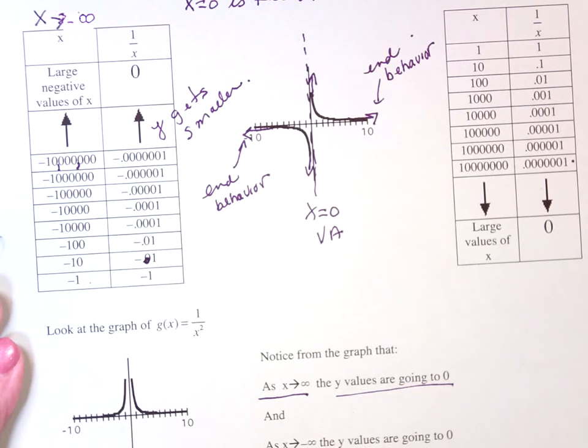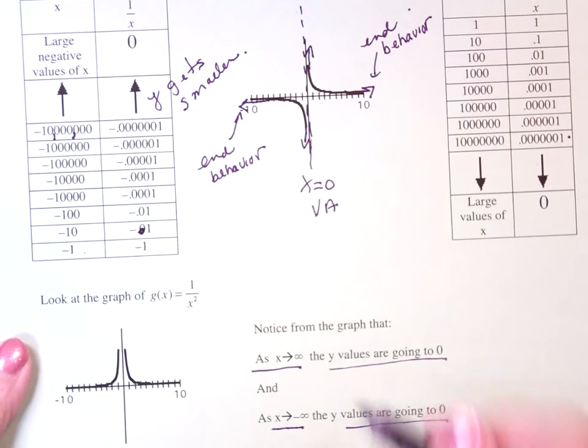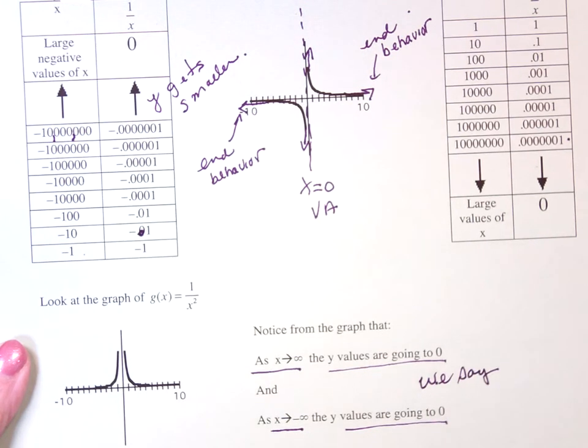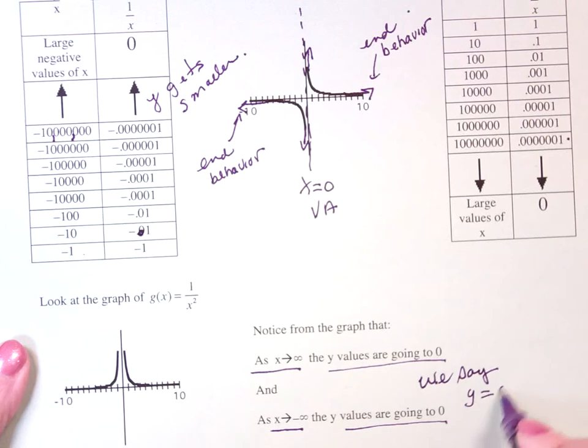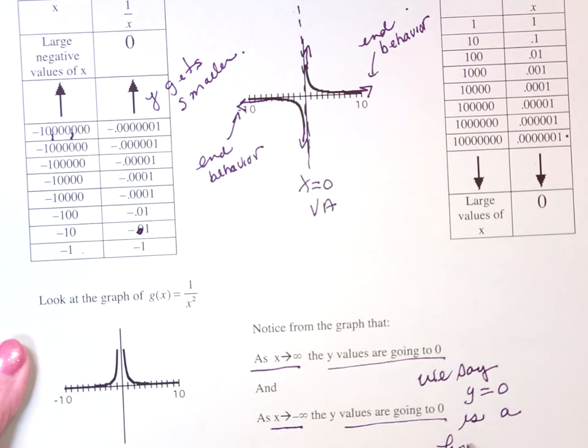As x goes to negative infinity, y is also going to 0. So if y goes to 0, then we say that y equals 0 is a horizontal asymptote.